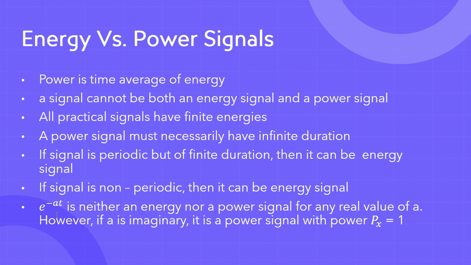The definition says a signal is an energy signal if its energy is finite, but here we have infinite energy, so this is not an energy signal. The definition of a power signal says that the power of the signal must be between 0 and infinity. But here we have a power of infinity, so it is not a power signal either. So x of t will not fall in either category.